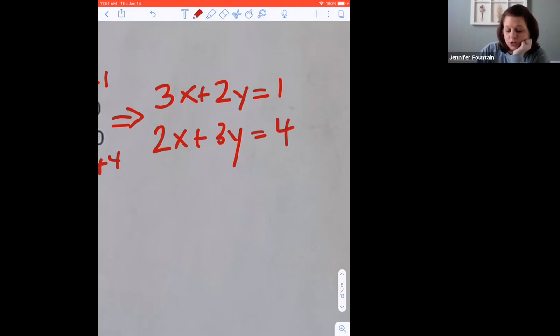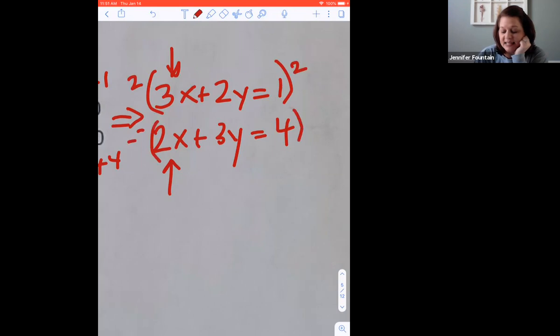So in my first equation, if I want to make 3x and 2x opposite terms, I can multiply my first equation by 2, and that's going to give me 6x. And I'm going to multiply my second equation by -3 to give me -6x.